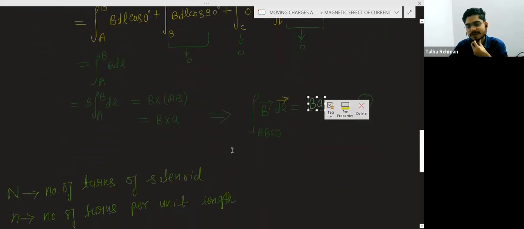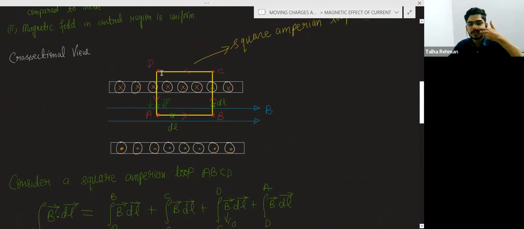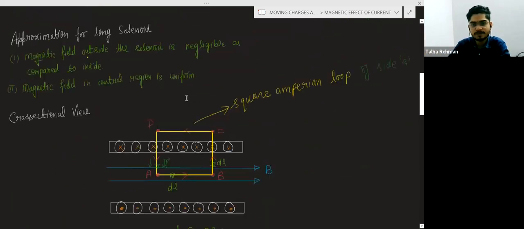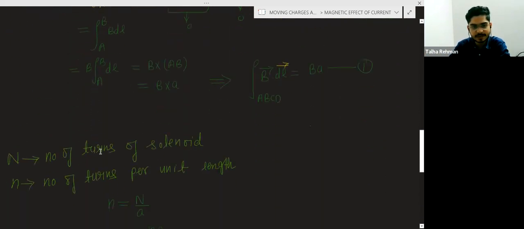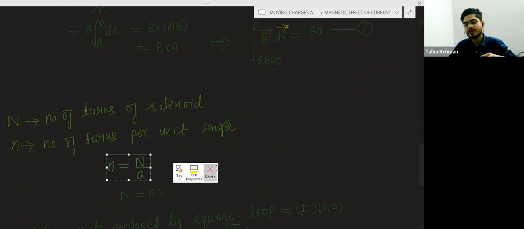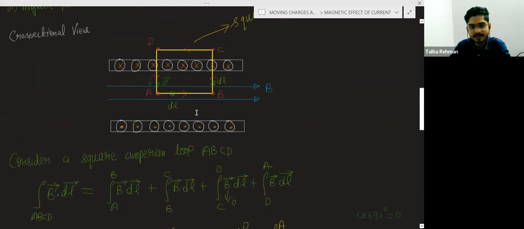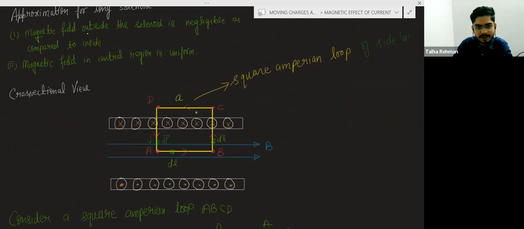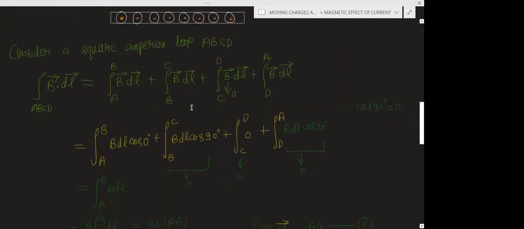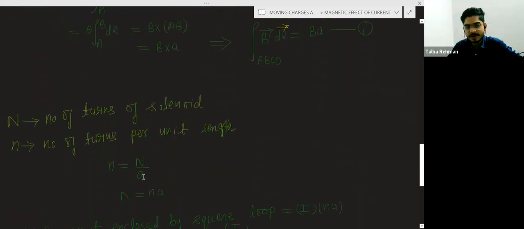After that, we will calculate the current enclosed by this loop, and for that we need this small n. Small n is the number of turns per unit length. This square has the length a, meaning all sides of the square are a. So you will calculate n by a.